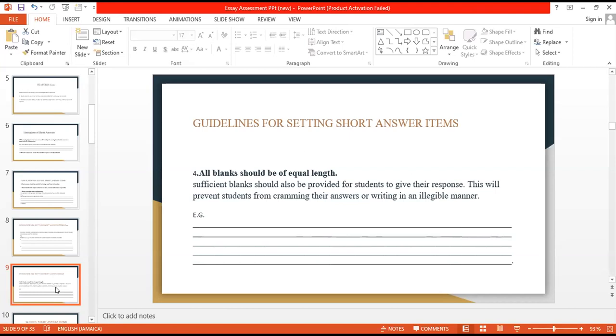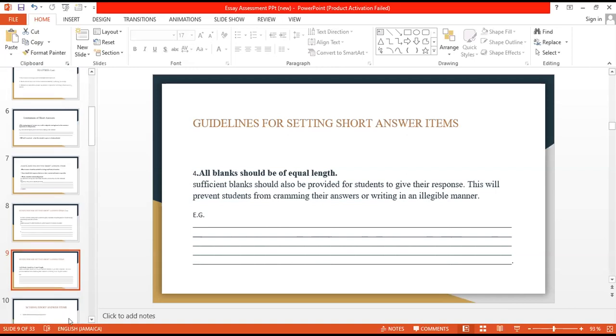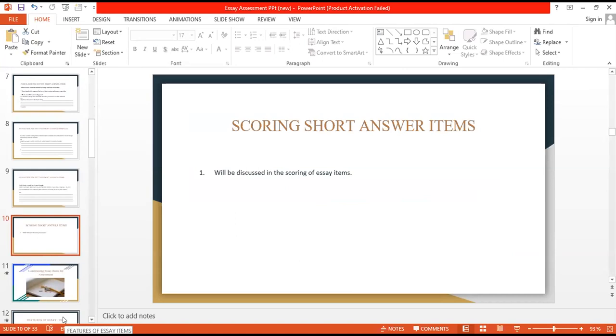And when you're setting short answers, you have to bear in mind the response that you would want, in order to know how many blanks to provide. Because if students sense that they don't have enough space, they start writing fine and small and squeezing the words together. So at the end of the day, you, the teacher, find it difficult to mark.